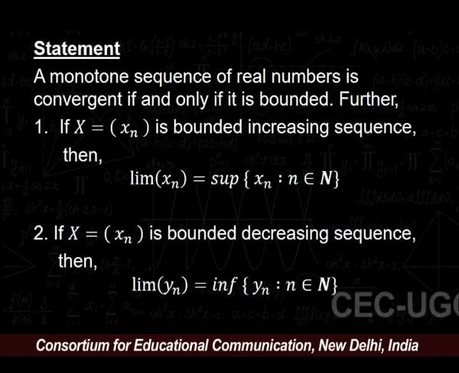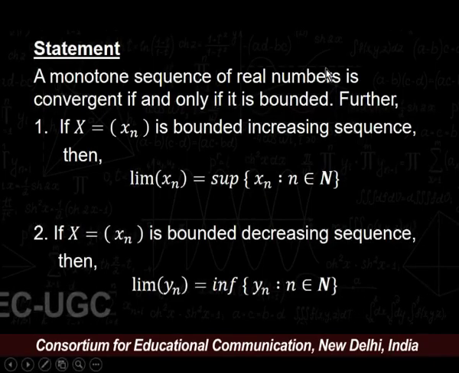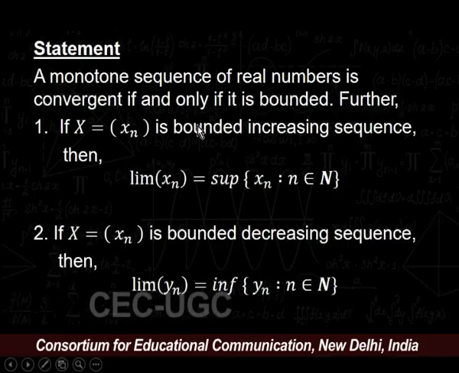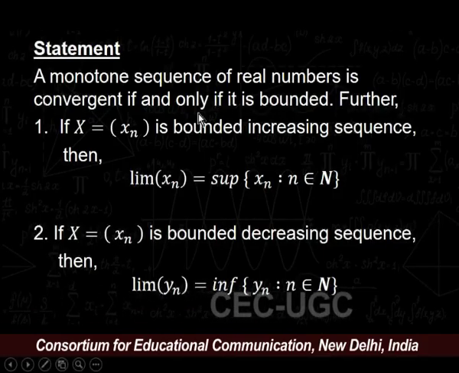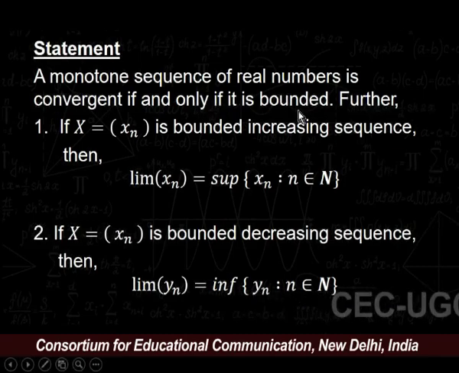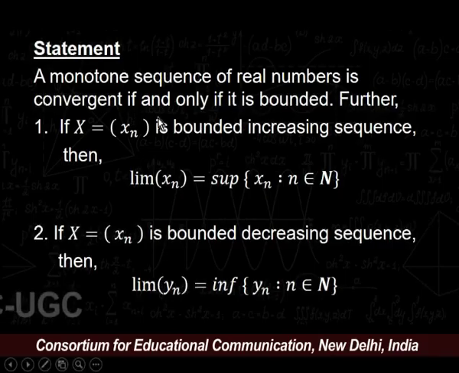The statement is: a monotone sequence of real numbers is convergent if and only if it is bounded. I repeat, a monotone sequence of real numbers is convergent if and only if it is bounded.